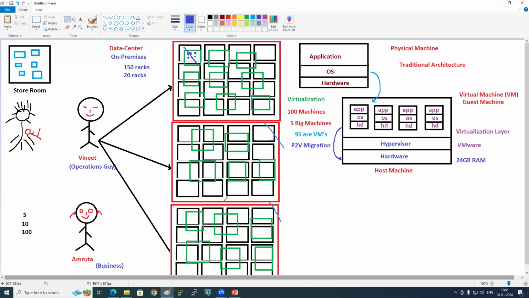Hey, I'm not able to handle the data centers. Can someone in the market help me? I could not handle the data centers. Please handle my data centers. I cannot handle it. Please. He kept shouting everywhere.